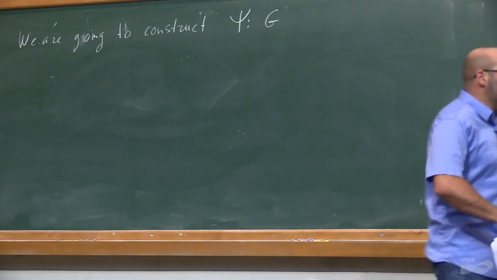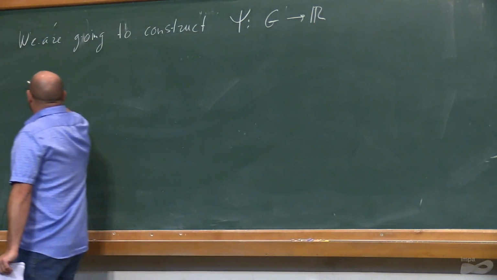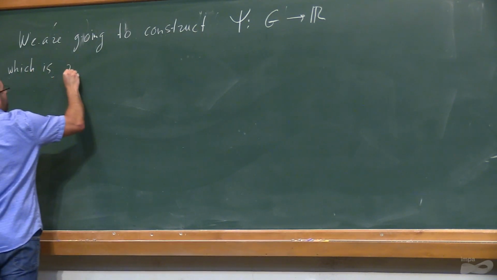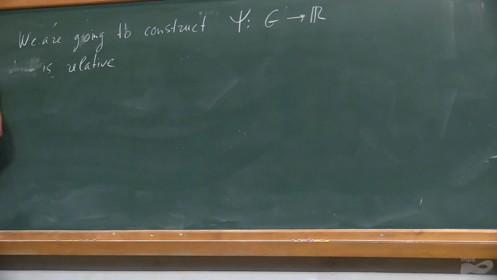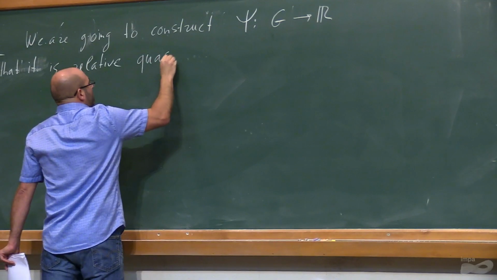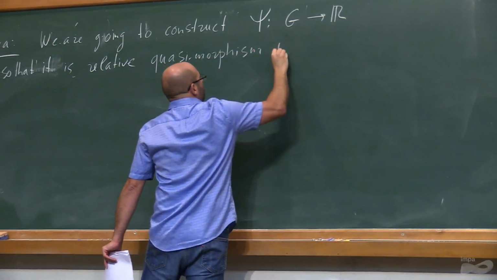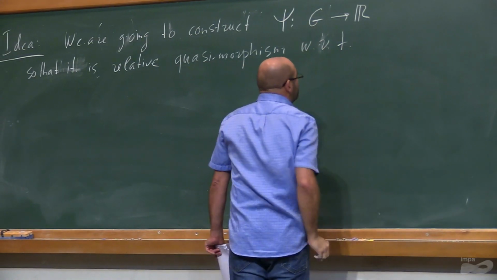That's all, okay? From G to the reals, which is a relative quasimorphism with respect to the fragmentation norm.